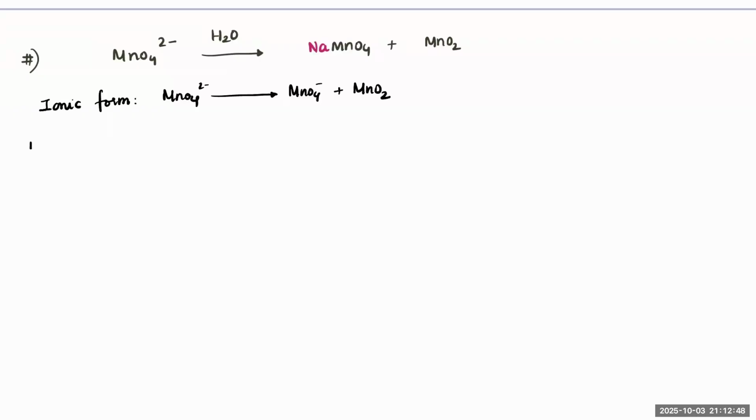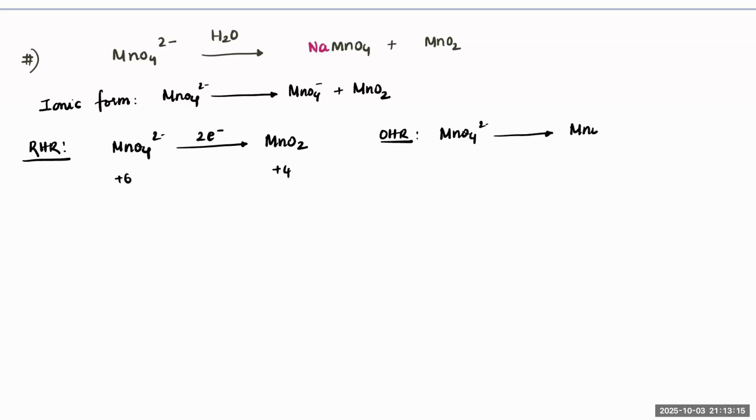Next, write the RHR and OHR. See, what's happening is MnO4 2 minus is getting reduced to MnO2. Check out the oxidation state: from +6 to +4 it is happening. So 2 electrons is what it is consuming. For OHR, because you have only one reactant here, MnO4 2 minus, that itself must be involved in the reaction as well.